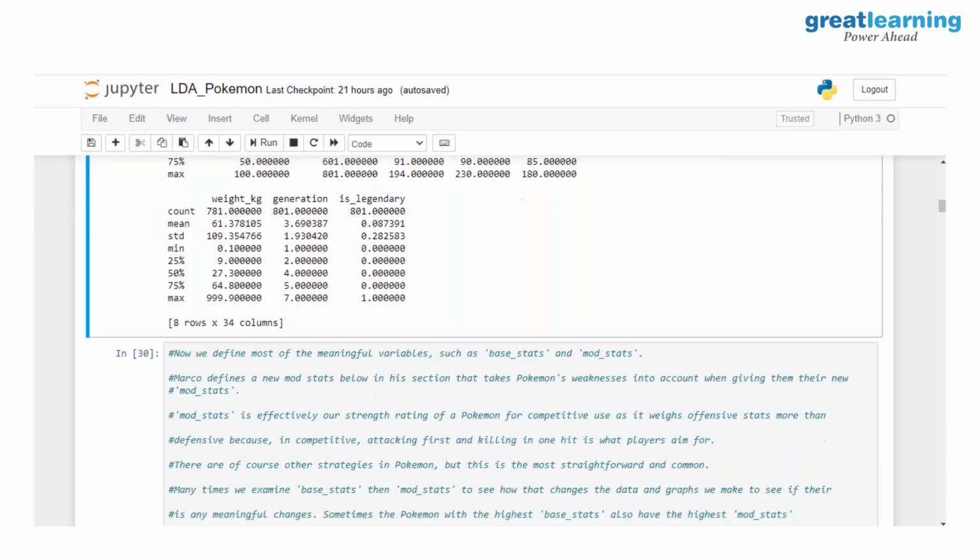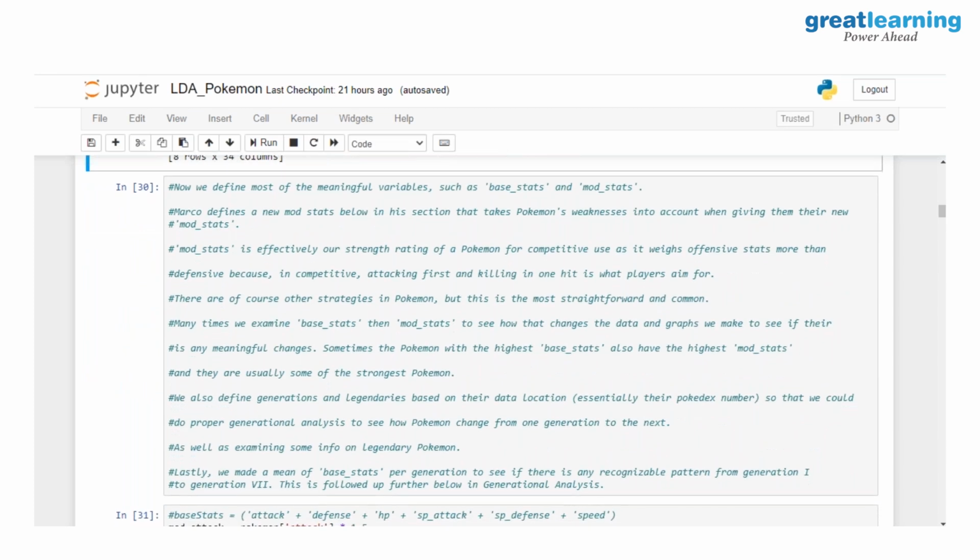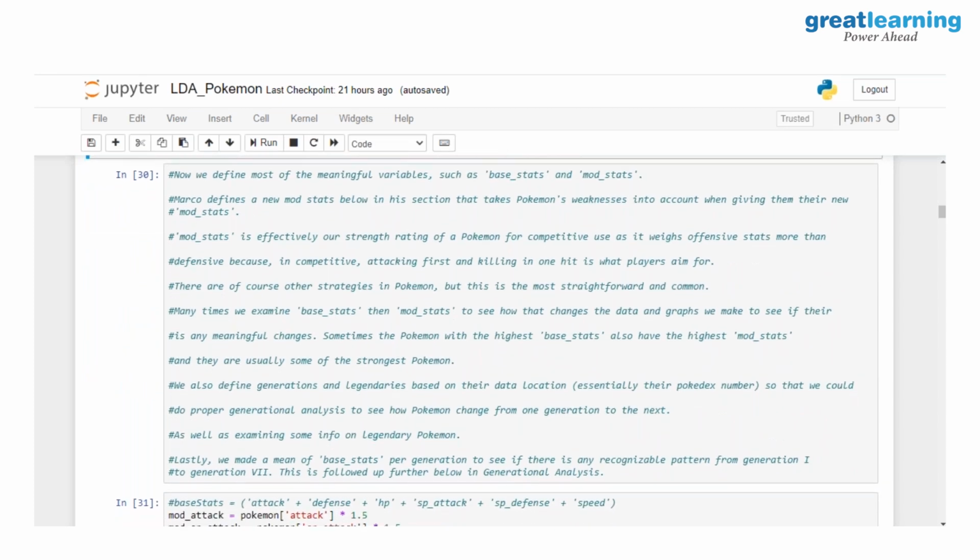Now we wanted to understand, can we do more from this data? Very openly, very honestly, if I were asking this question to you all, these are not ideas that come out very naturally. This is something that we experiment with all the time. Now, as you see in front of you, we defined meaningful variables like the base stats and the mod stats.